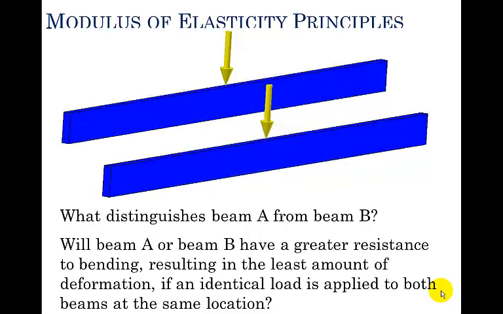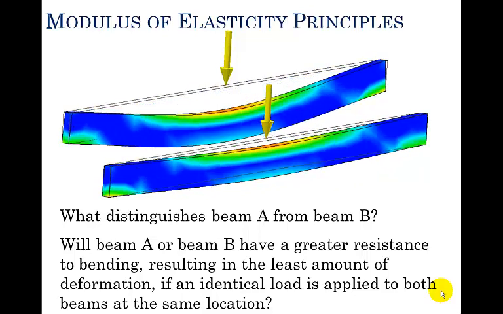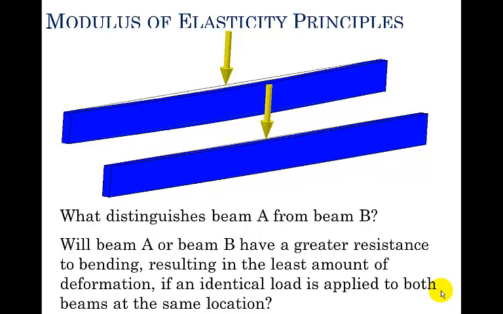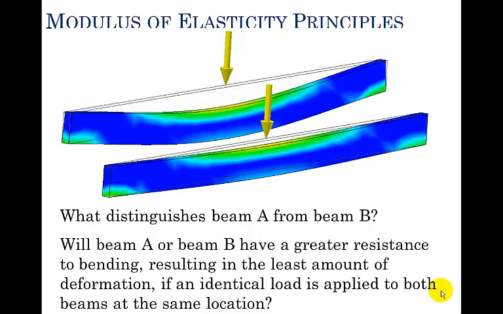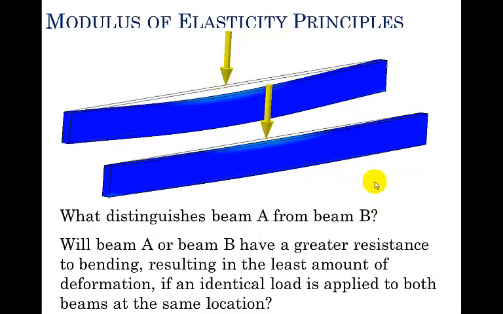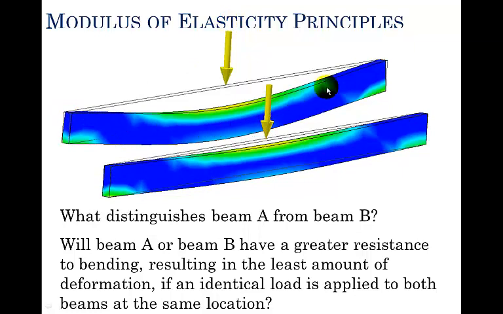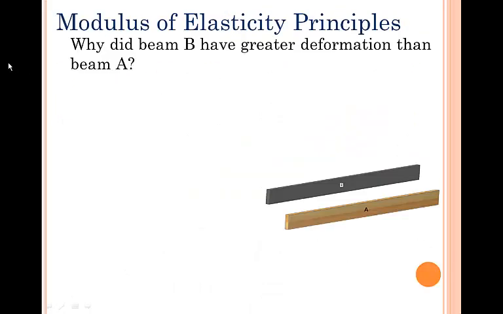So you can see here that it is the plastic beam that is deforming more based on the load. You see how that beam is bending a great deal more. So why did it deform more?